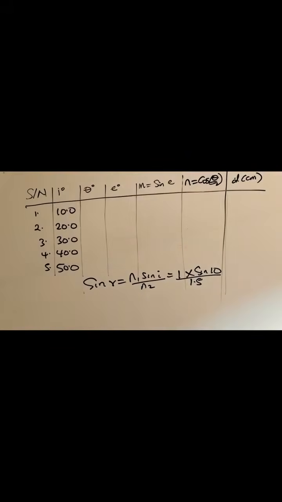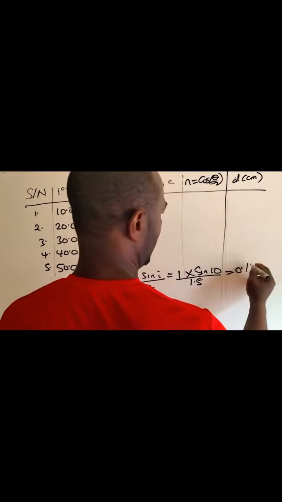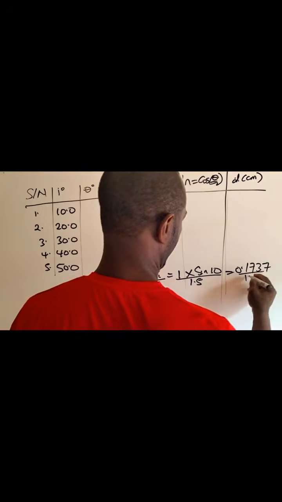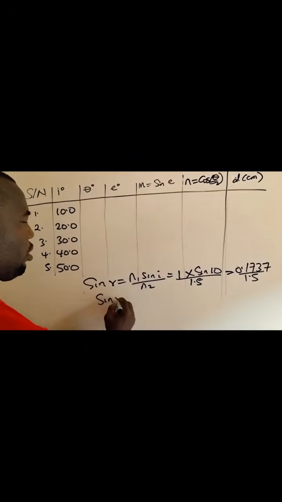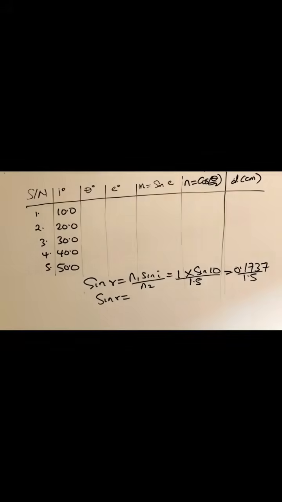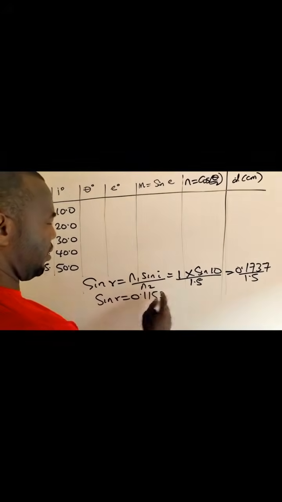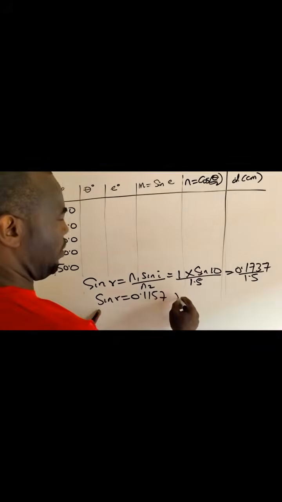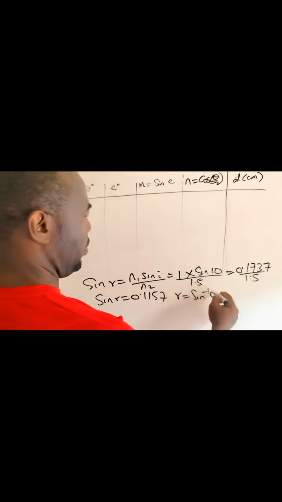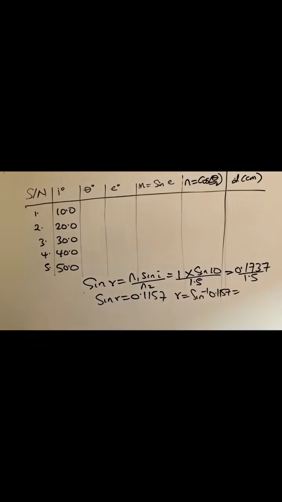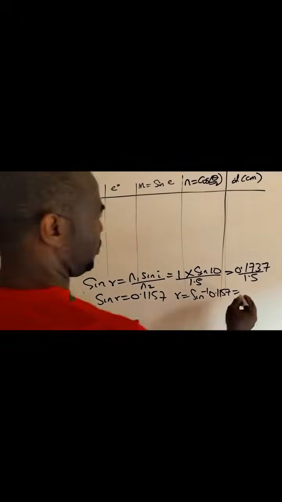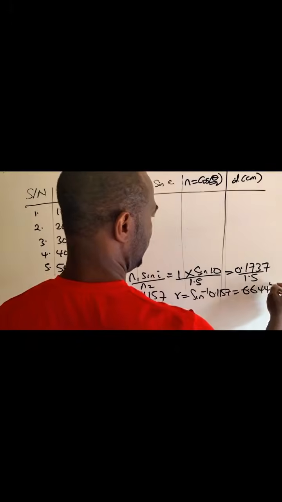Sine 10 is 0.1737, so I have 0.1737 all over 1.5. Solving it, we divide 0.1737 by 1.5, which gives us 0.1157. So our R becomes sine inverse of 0.1157, which gives approximately 6.644 degrees.